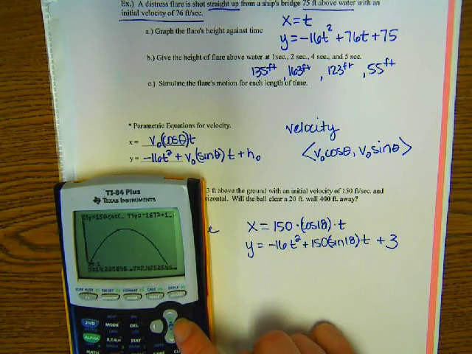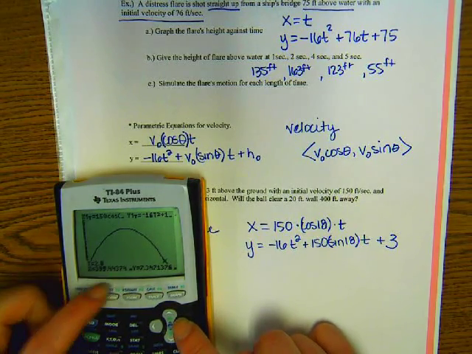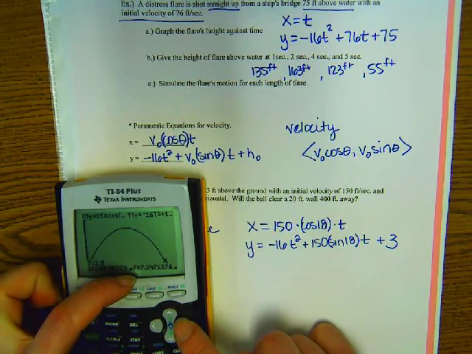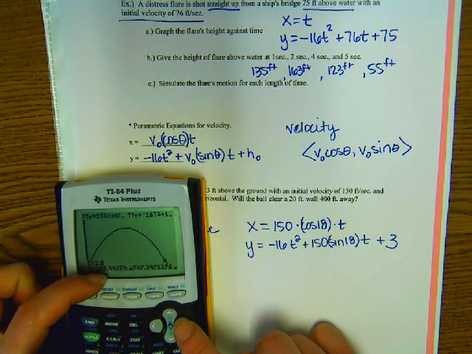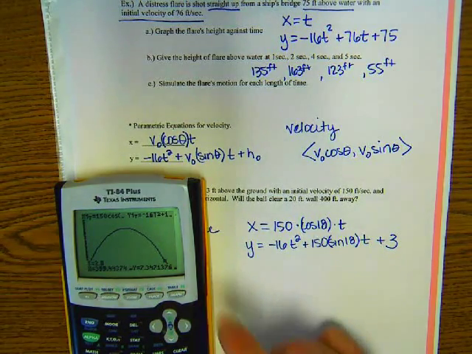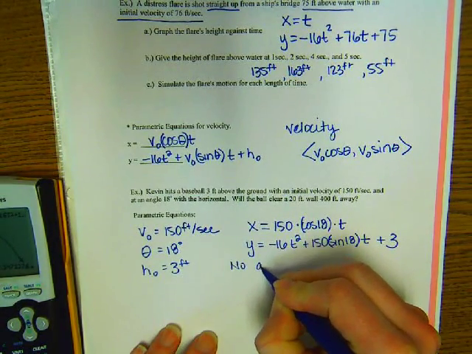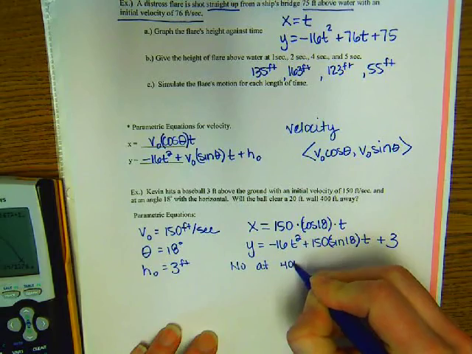Oh, a 20-foot wall. Sorry, we have to get to 400 feet away. Whew. So now I'm 399 feet away. Uh-oh. The ball is now 399 feet away, and how high is it? 7. So is it going to clear the fence? No. Okay. So here's what I would write for my reason. No. At 400 feet, the ball is about 7 feet high.